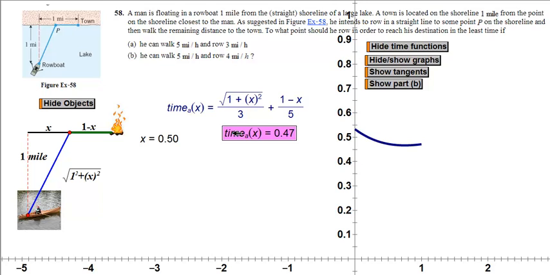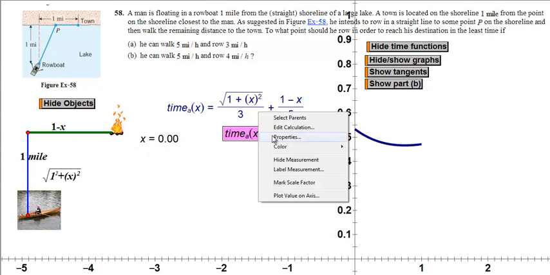So what this is saying is it would take about 0.47 of an hour to do it that way. If we went all the way around here, it would take 0.53, almost an hour, so you can see that this would take the most amount of time. It's also the largest distance, right?